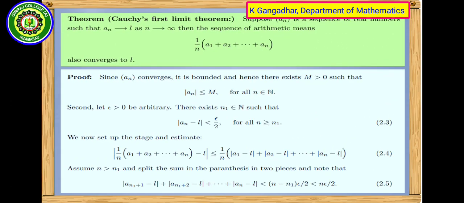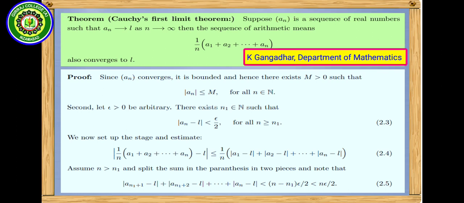So now, proof of Cauchy's theorem. Statement: suppose an is a sequence of real numbers such that an tends to L as n tends to infinity, then the sequence of arithmetic means 1 by n into (a1 plus a2 plus so on plus an) also converges to L. So limit an equal to L, then limit (a1 plus a2 plus so on plus an) by n also equals L. Now, first, the sequence an converges and it is bounded.